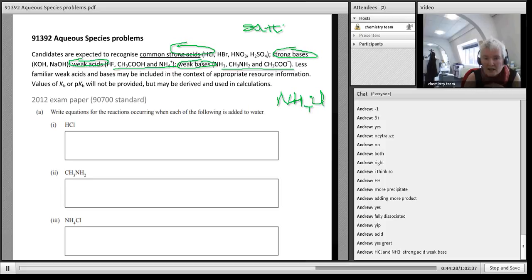Now you might think, well, NH4, it's a weak acid over there, but remember it comes from the weak base. So if I have HCl here, the first thing they ask you, they do it stepwise for you, is to write the equations for the reactions when they occur. So you need to recognize HCl is a strong acid, so hopefully you'd be able to write HCl.